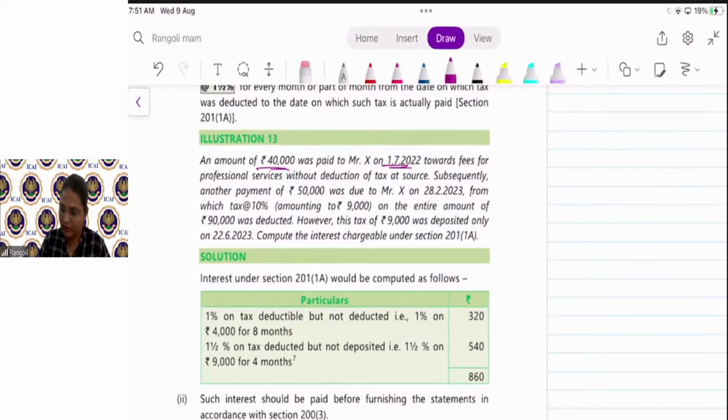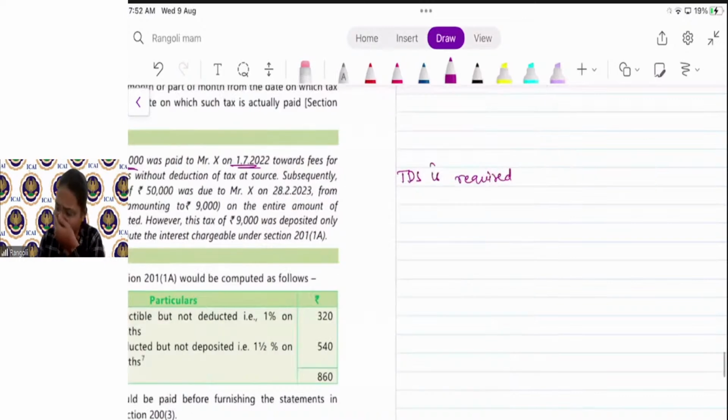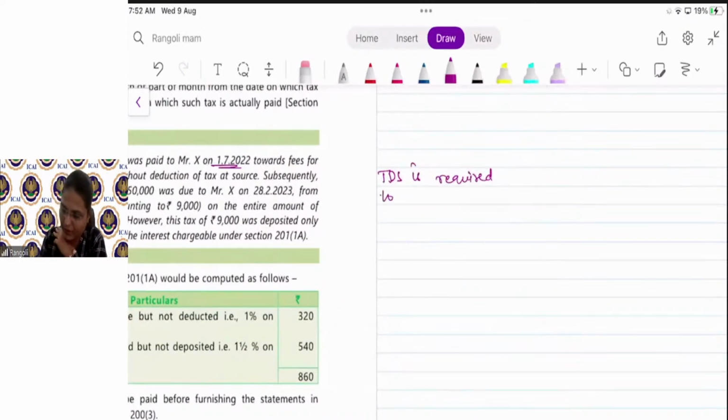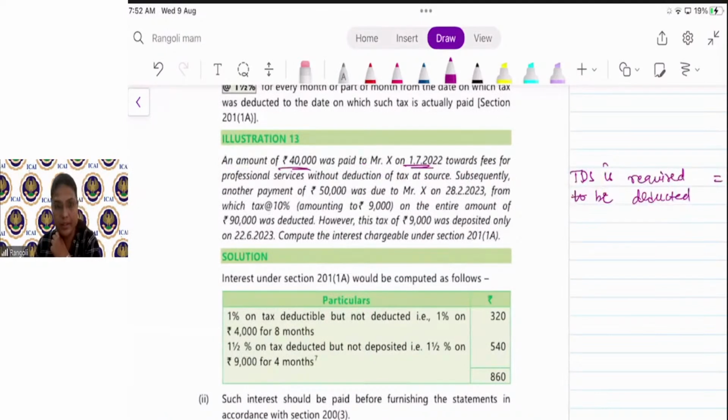So here TDS is required to be deducted on 1/7/22. But the payer has not deducted.